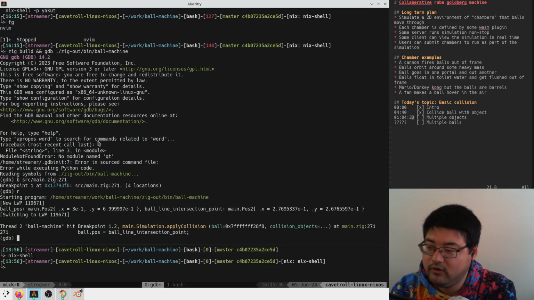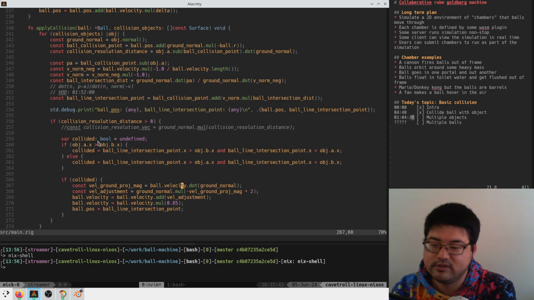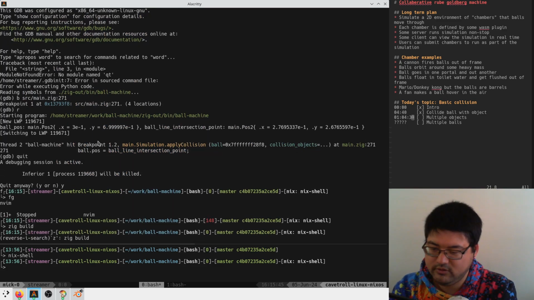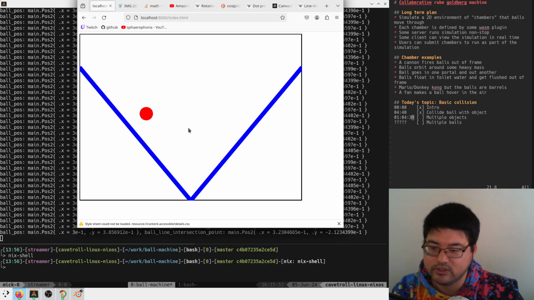And we can look again. Okay. What the fuck? It's this right here. Zig build, and run GDB. Break on that line, run. Okay, there we go. Refresh.